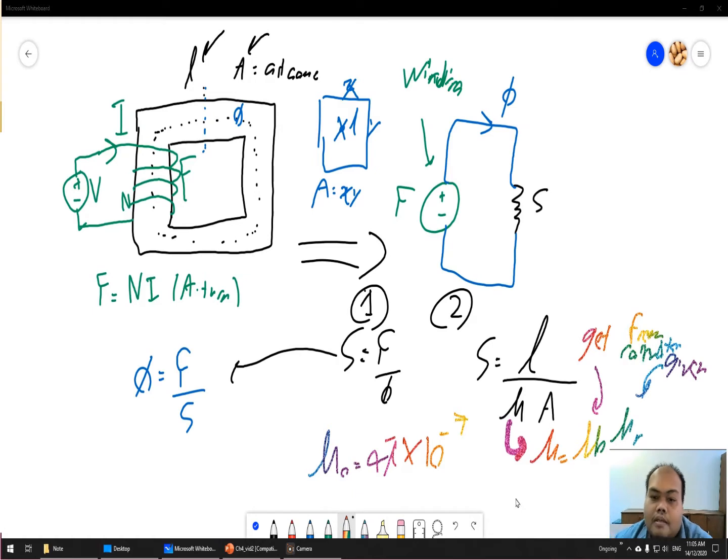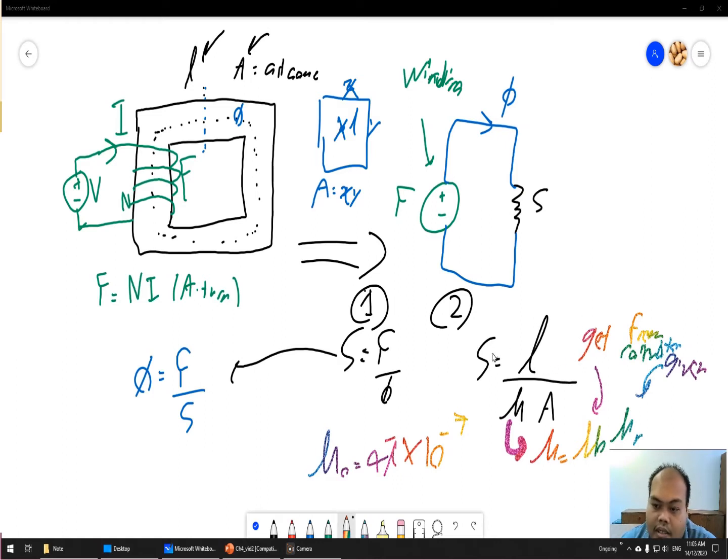Make sure you either memorize mu naught or use your calculator. Mu r is usually given, or sometimes you have to do some algebraic manipulation to get mu r, depending on the question.